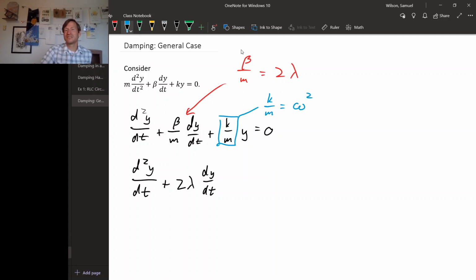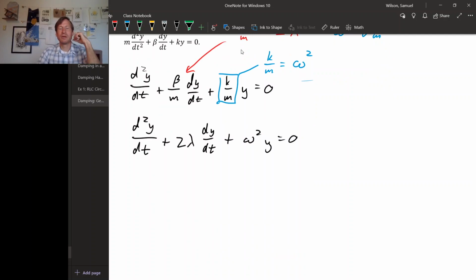In the mass spring situation, you might remember that if there's no damping, the angular speed of the oscillation is the square root of k over m. So here we're just reusing that name to define omega. So that makes this last term omega squared y equals 0.